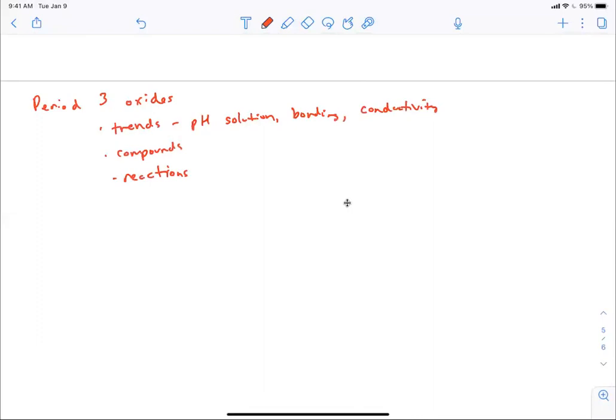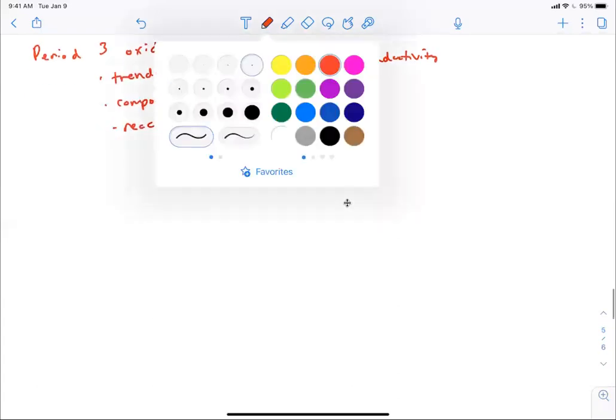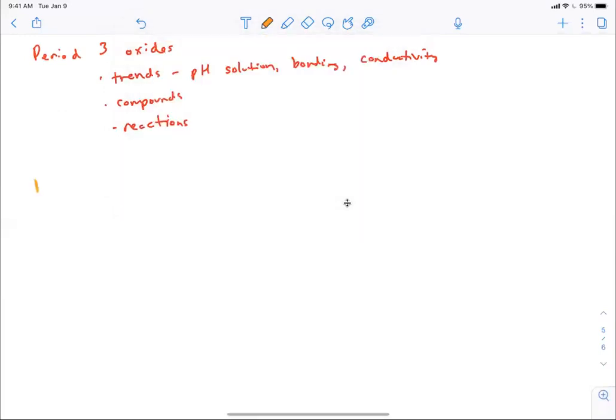So this draws in other aspects without saying, okay, what is connectivity? Because you have to know what connectivity is and then know what type of bonding it is so that you can identify what kind of connectivity it would have in what state of matter. So this incorporates a lot of different things, and you'll see a lot of these being applied. What I mean by period 3 oxides, just for the record, are your elements in period 3 bonded with oxygen.